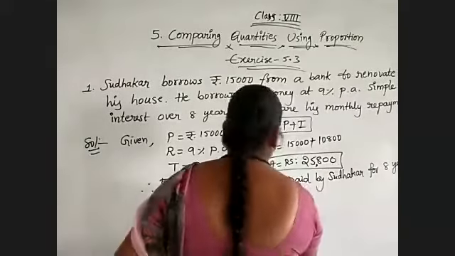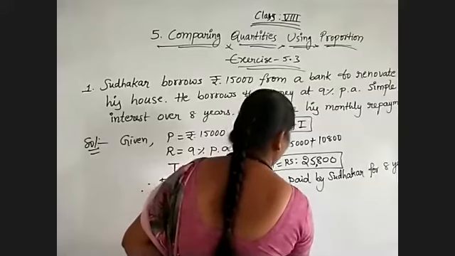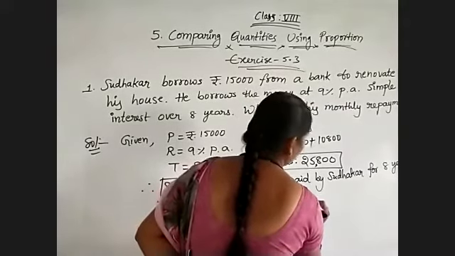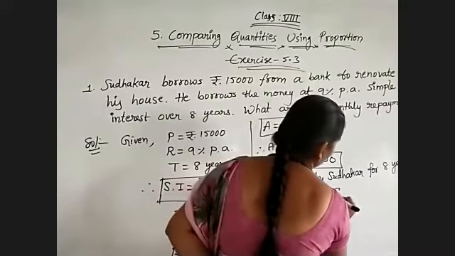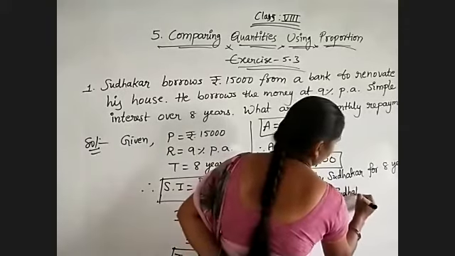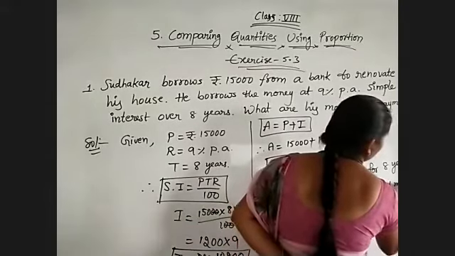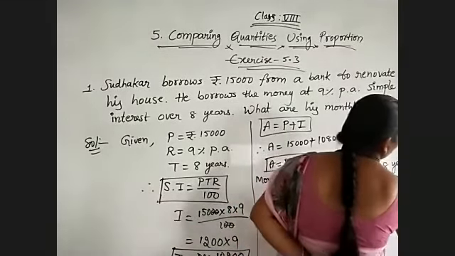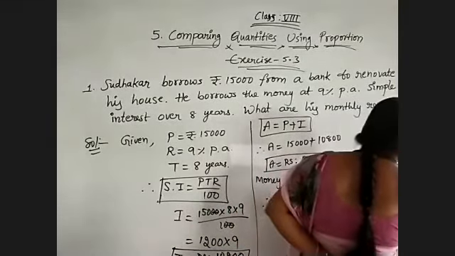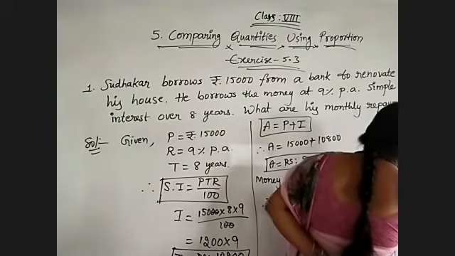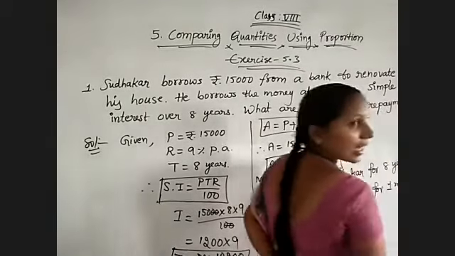Therefore, money paid by Sudhakar for 1 month is equal to 25,800 by 8 years into 12 months, 8 into 12.